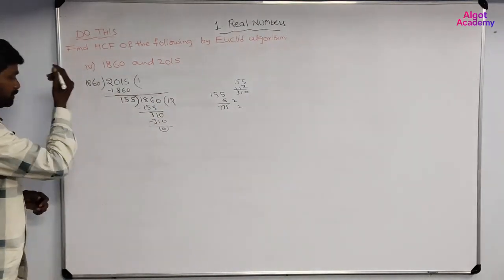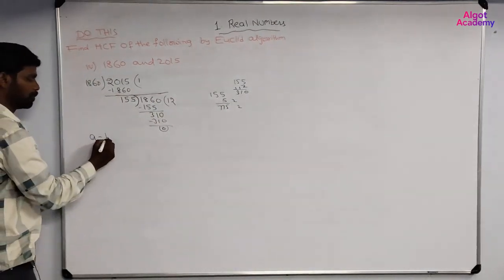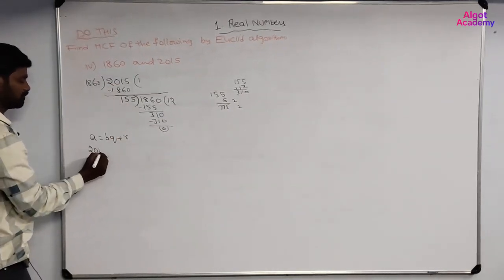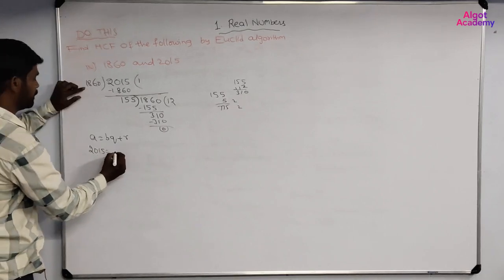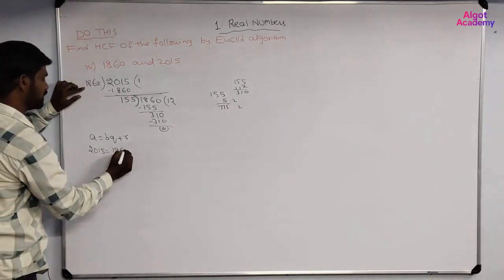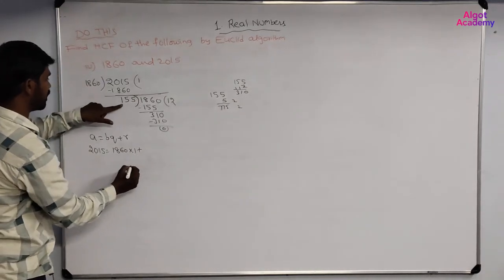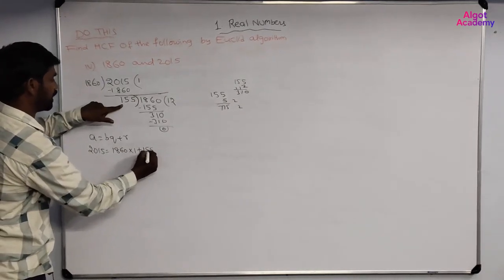Okay. So A is equal to BQ plus R. What is A? 2015 is A and B is 1860. What is Q? Q value is 1 plus R. R value is 155.